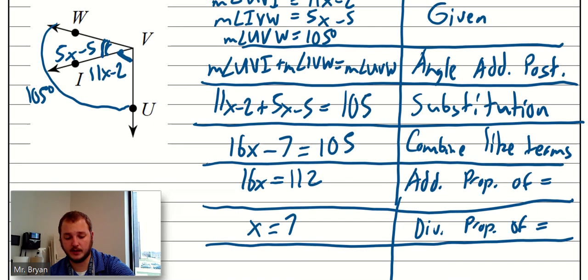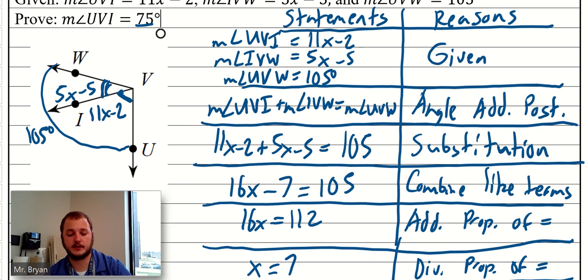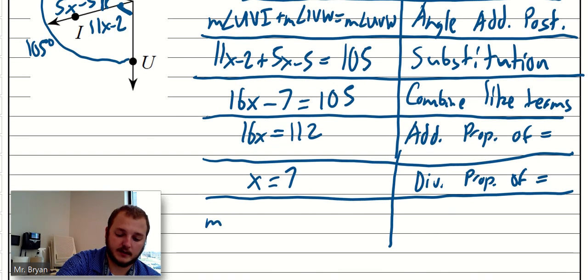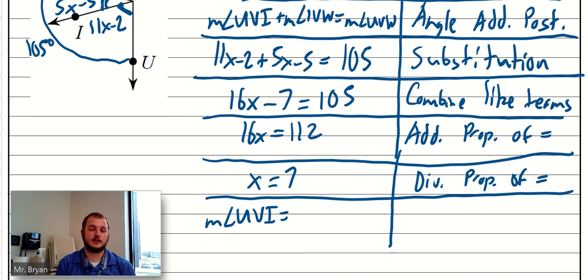So what I'm going to do here is, notice we're trying to find the measure of angle UVI. So I'm going to take what that first statement was, UVI equals 11x minus 2. So I'm going to go ahead and rewrite that. Measure of angle UVI equals 11x minus 2, but now that we know x, we can just plug that in.